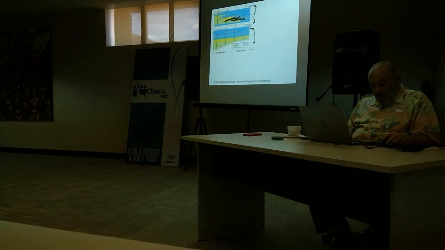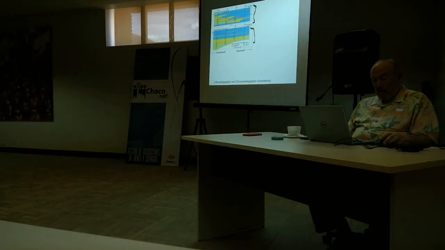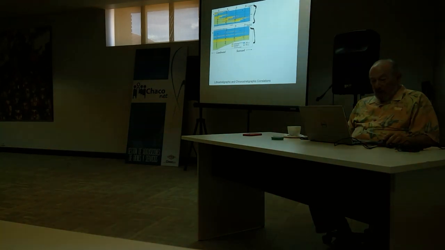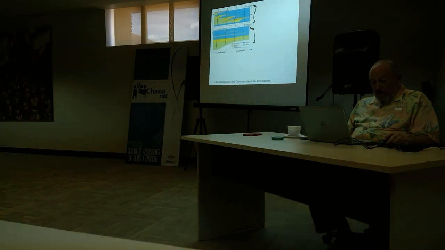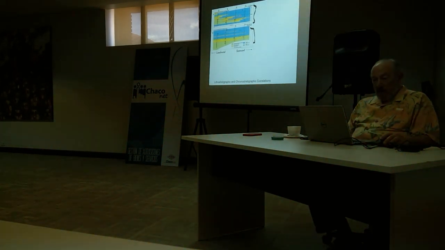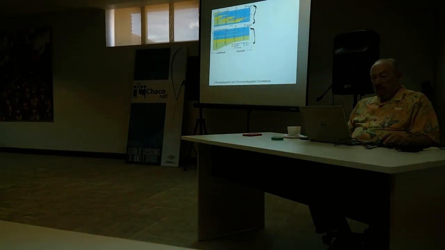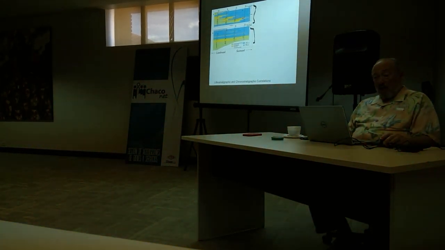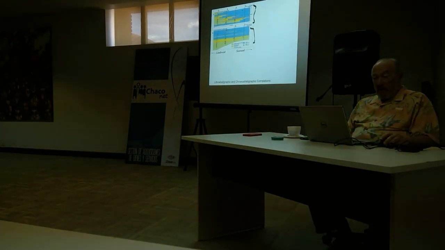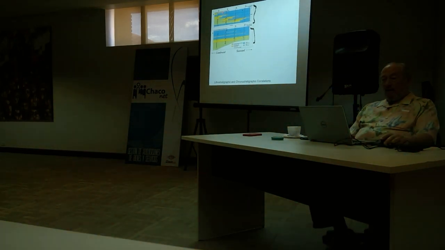Drawing. See what I'm trying to draw these things. So you have a period of progradation where your shoreline moves seaward, then a transgression where your shoreline moves landward, seaward, landward, seaward, landward, seaward.